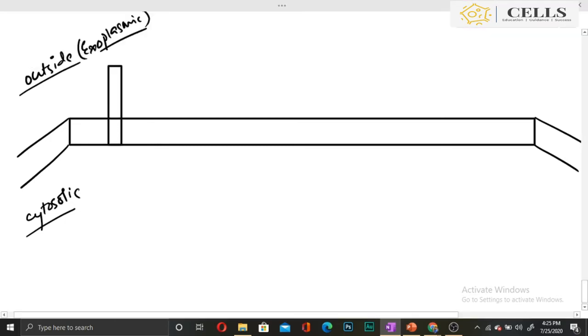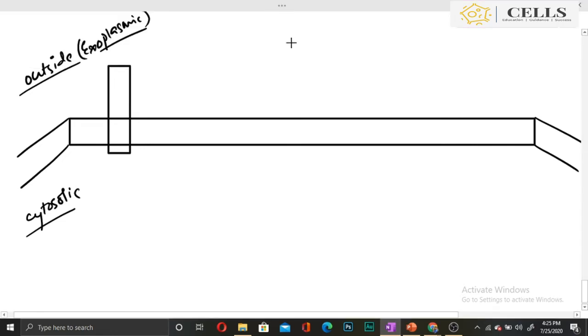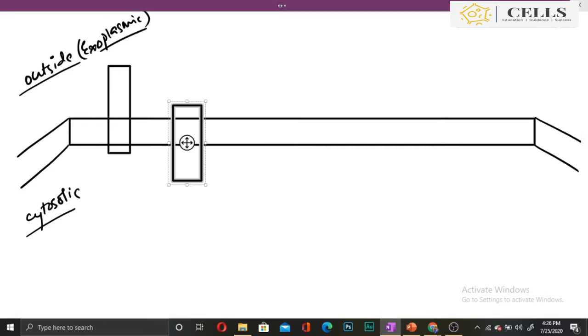Another important thing is that you know the plasma membrane is a double layered membranous structure, right? The phospholipids I have mentioned, like phosphatidylethanolamine and phosphatidylcholine, are present in asymmetrical amounts. So I am drawing this figure.